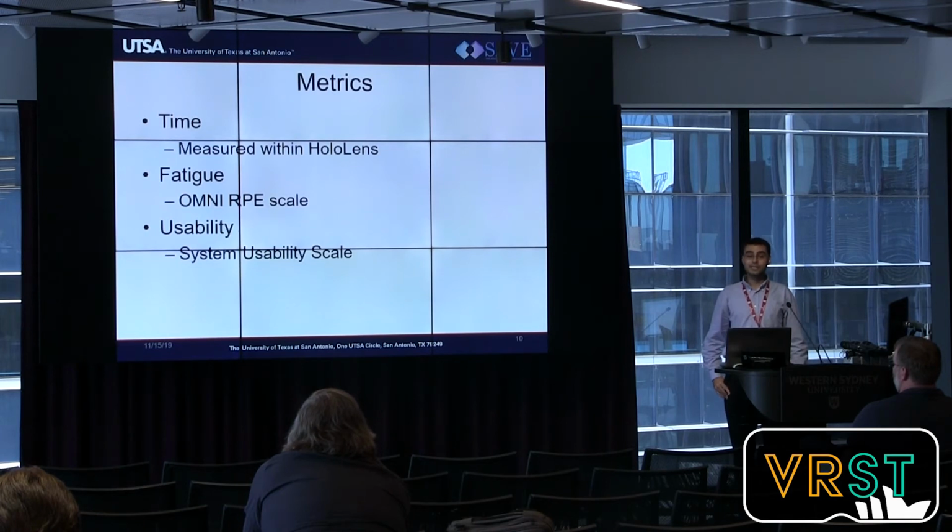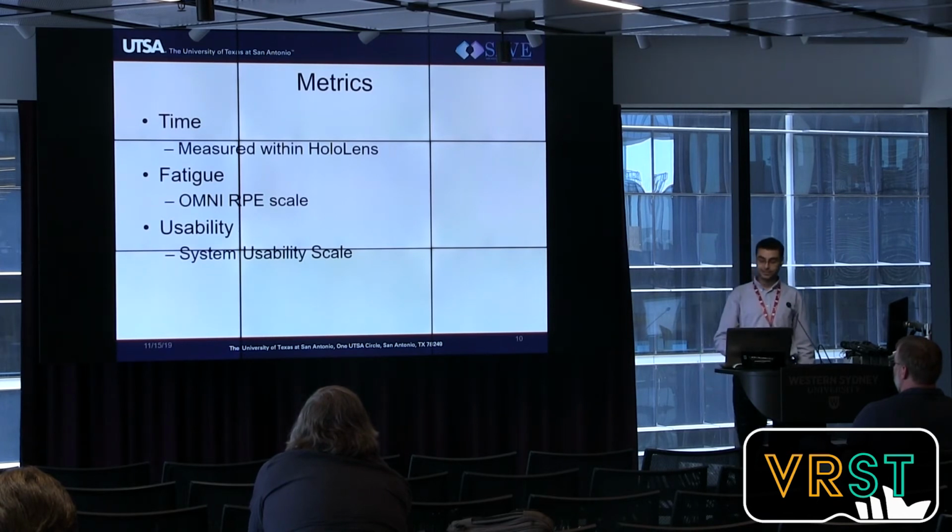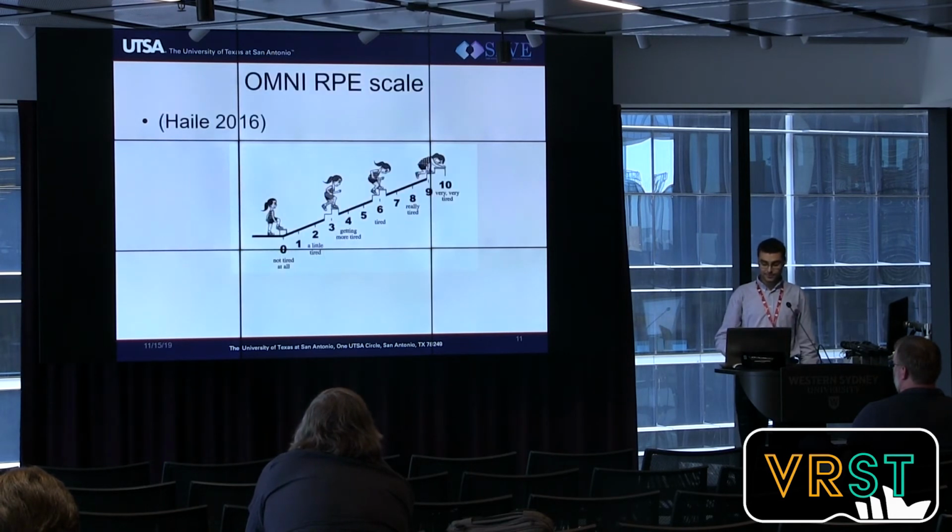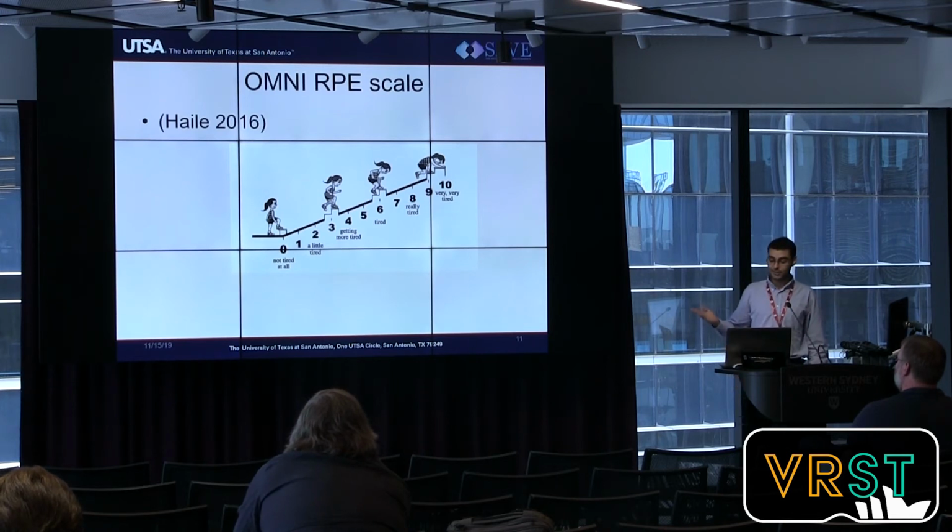For fatigue, we used the OMNI rate of perceived exertion scale. And usability, we used a standard system usability scale that was slightly modified in language. So this was the OMNI RPE scale. We basically just showed the children this scale and asked them to rate where on the scale they would place themselves in terms of fatigue.